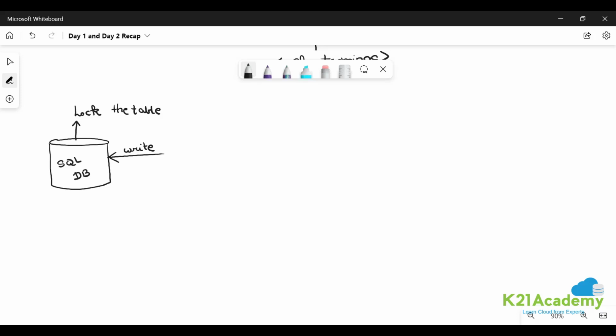So if you are writing into one table, SQL Server is going to lock the table and block other users from accessing that table for that very duration, which means people will not be able to read the content of that table at that moment, right? If you do an insert or an update in the table, it will lock the table, it will do the lock escalation procedure. And if you try to touch that table, it will say block, right? It will remain blocked. It will not execute fully the query that you're doing.